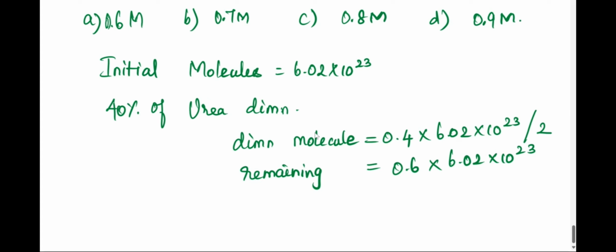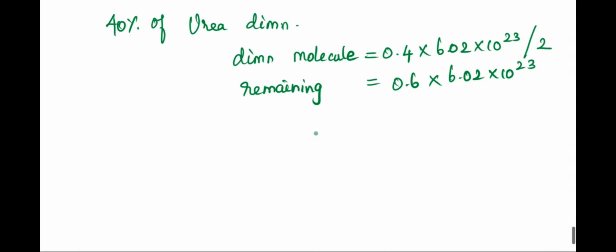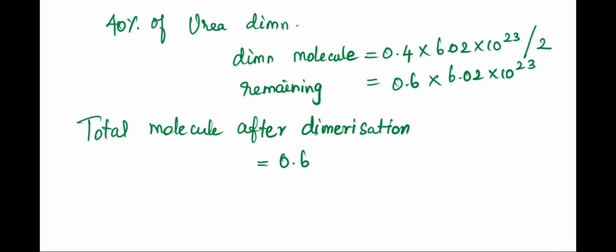So the total molecules after dimerization is 0.6 Na, I'm just taking it as Na, plus 0.4 divided by 2, that is 0.2 Na. So total 0.8 Na.